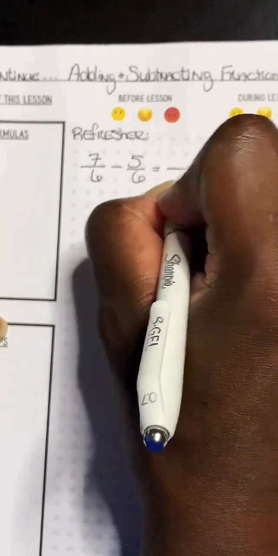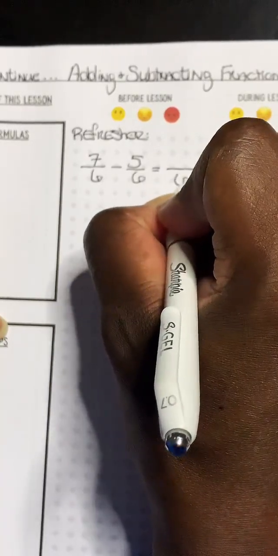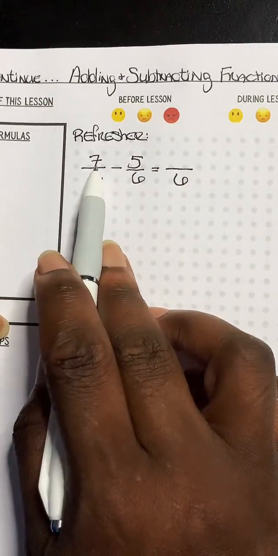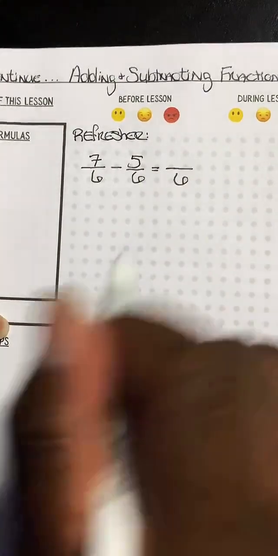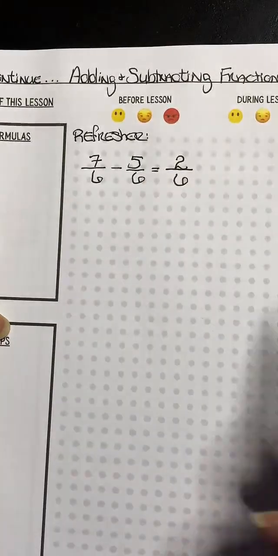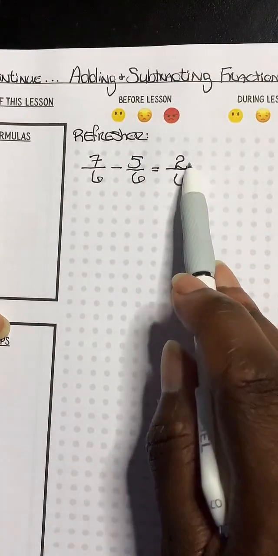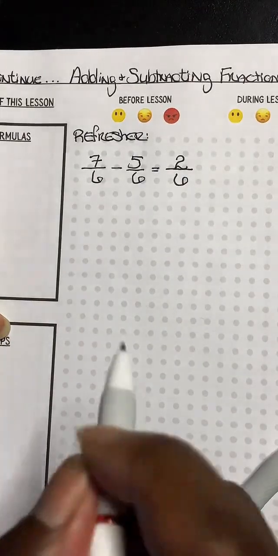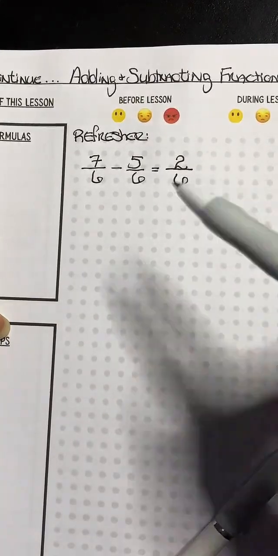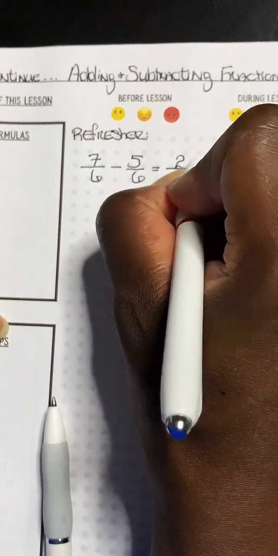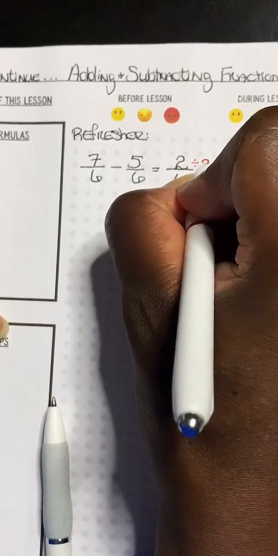So you want it to have that same denominator, which we just carry over with the 6. And then we do 7 minus 5. So 7 minus 5, that will give me my 2. So now 2, 6, both 2 and 6 are even. So that's telling me that there is a number that they have in common that I can simplify. So that number is 2.